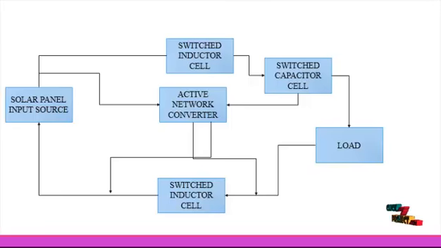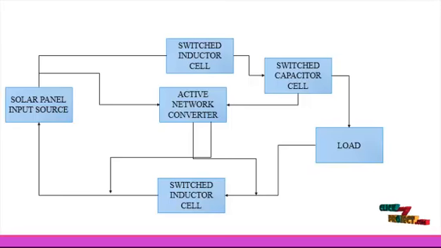Here we give 1000, and the unit is watts per meter square. With 1000 watts per meter square and a connection of 72 cells, the output of the solar panel is 44 volts. That voltage is then connected to the active network converter and the switched inductor and capacitor cells.